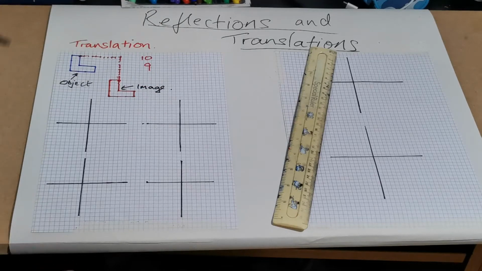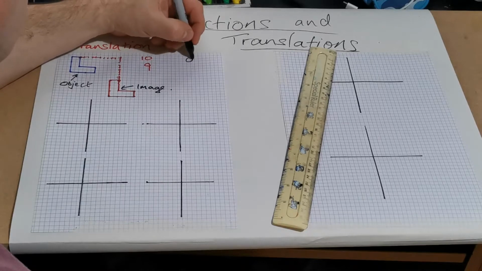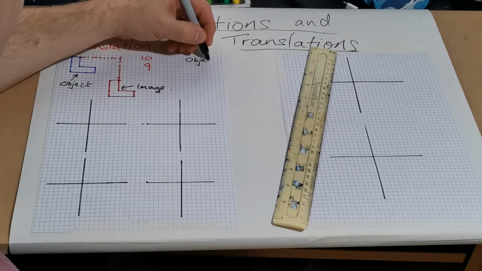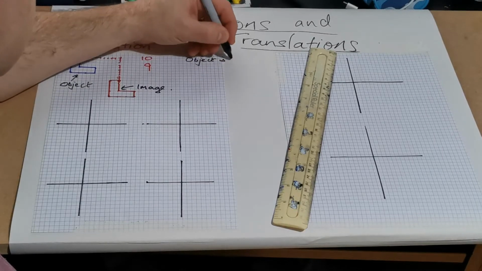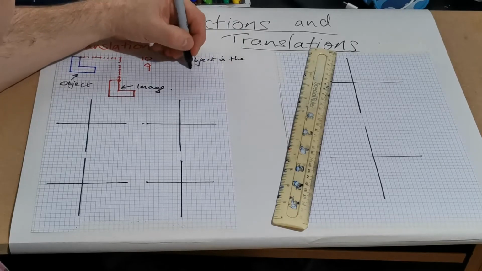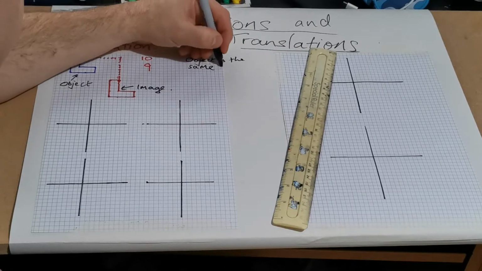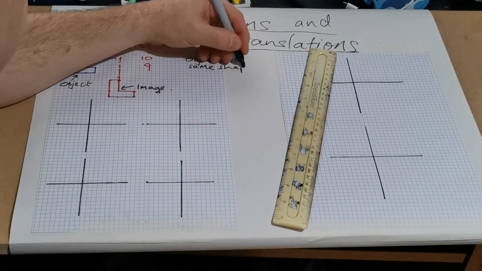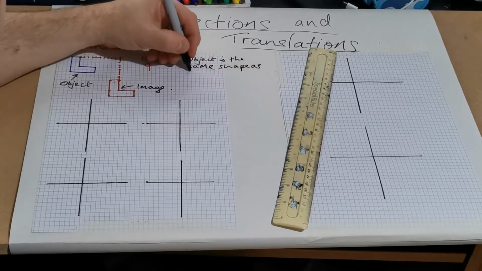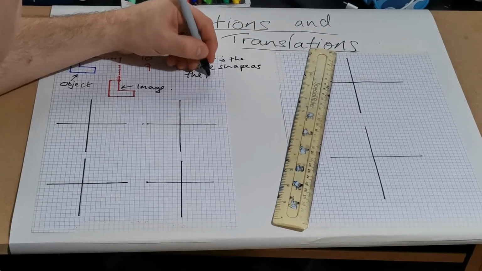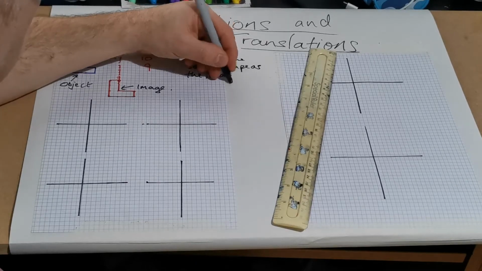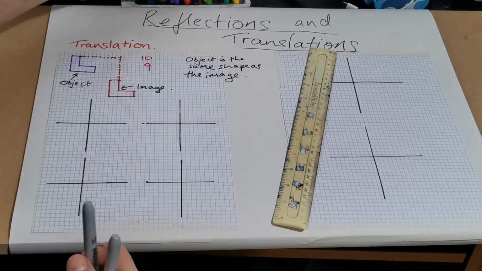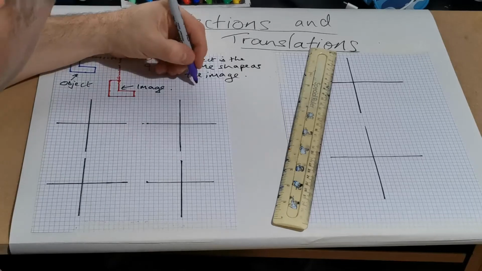Okay, and things to notice are that the object is the same shape as the image, and in maths we have a word for that. They are congruent.